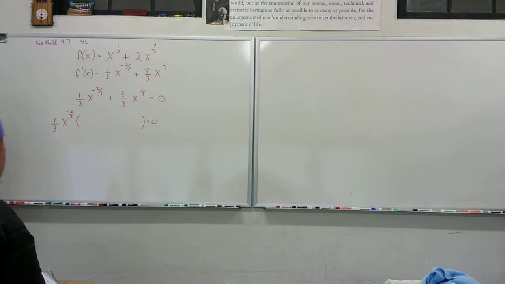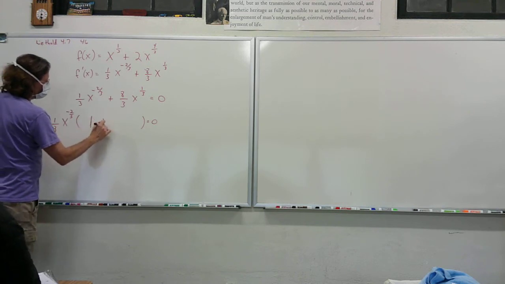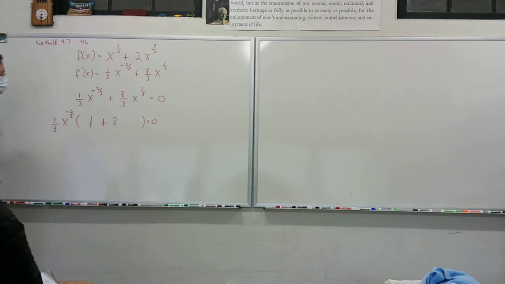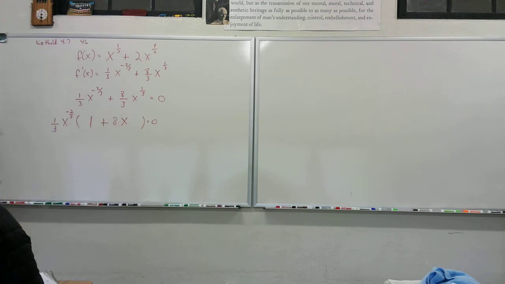The reason I kept saying that is because that's what you got to do now. Okay, that becomes 1 plus 8. And then if you factor out negative 2/3, 1/3 minus negative 2/3 is just an x. And that's what's so cool about doing it this way.